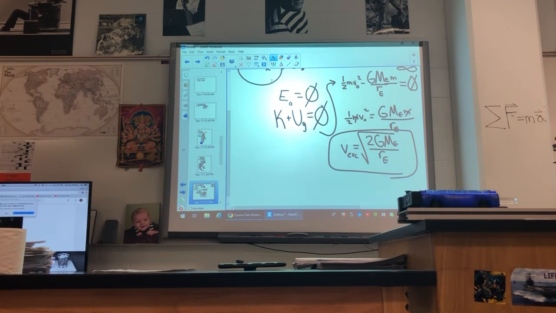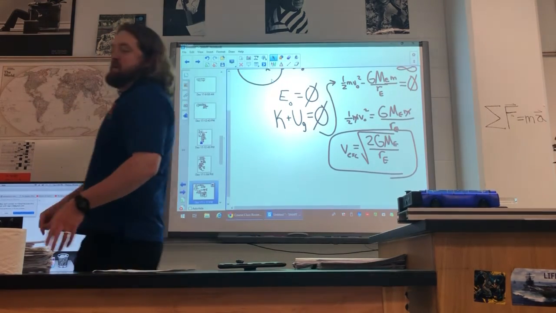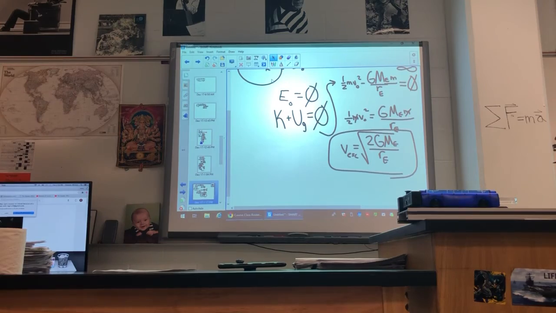I think it's 6 times 10 to the 6th meters. 6,000 kilometers, so that is 6 times 10 to the 6th. So the radius of the Earth is 6 times 10 to the 6th meters. What's G again? G is 6.67 times 10 to the negative 11.